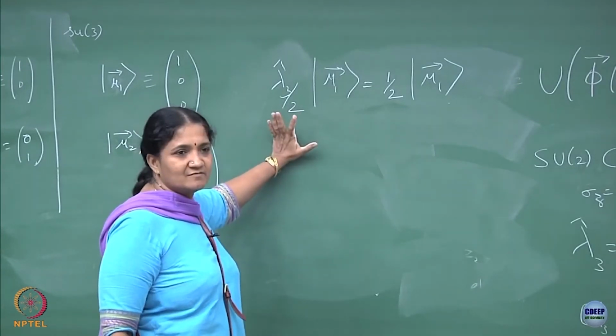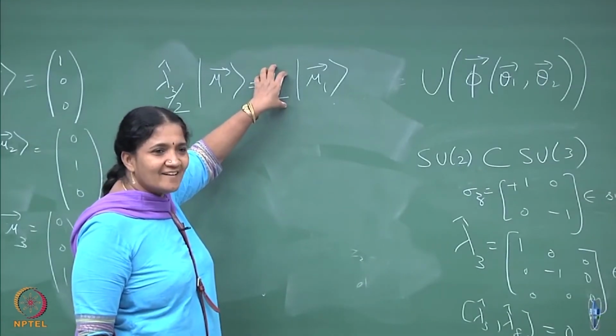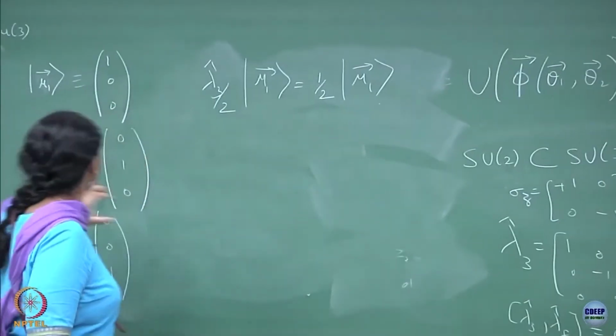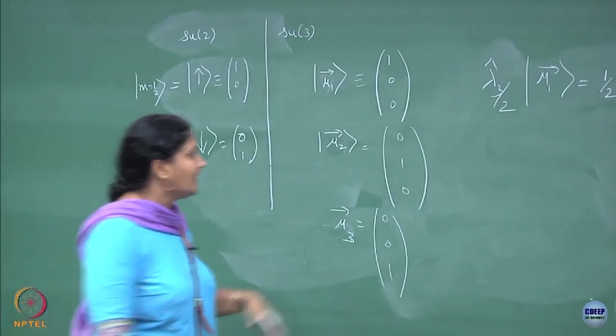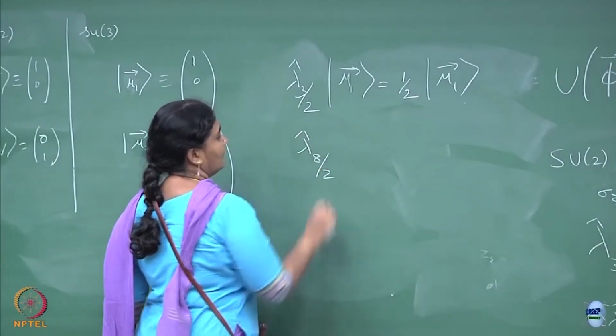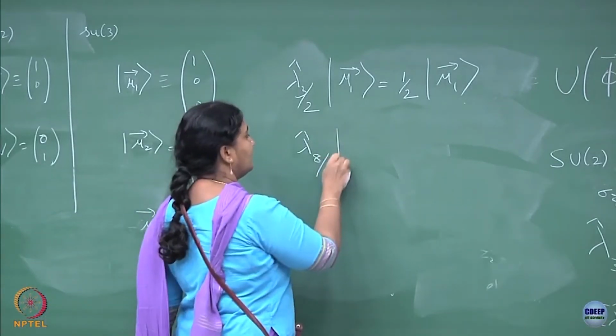Just a convention. This is because SU2 sits in that, and I am looking at the fundamental representation, which should also have the same half eigenvalue. That is the reason. In fact, all the generators I will scale like that. This is just an overall scaling and should not really matter.